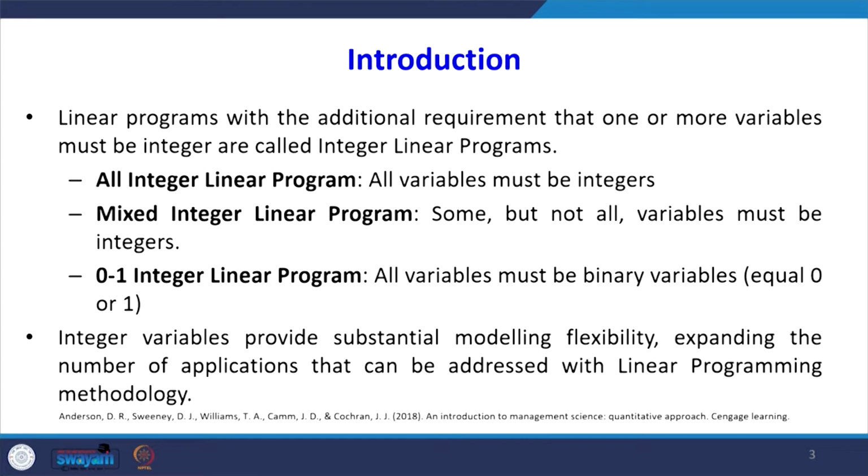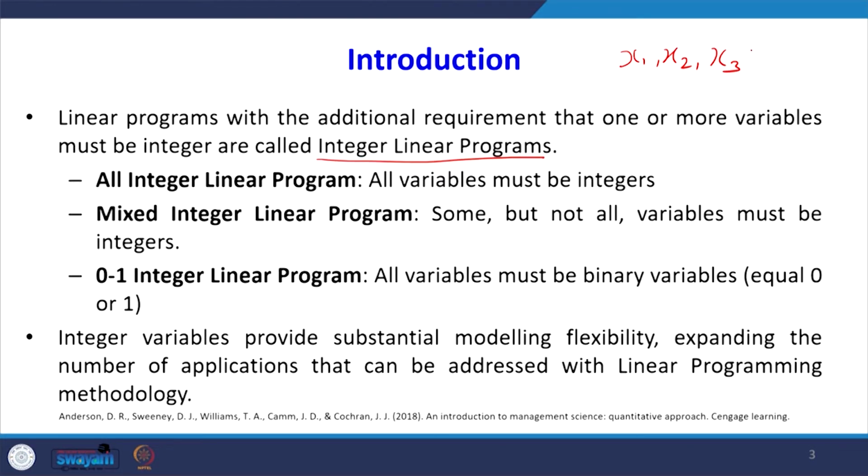Linear programs with the additional requirement that one or more variables must be integer are called integer linear programming. So far we have been discussing x1, x2, x3 as decision variables.